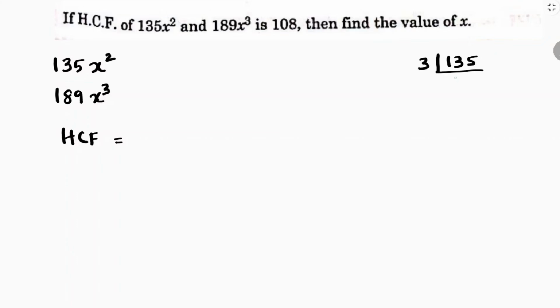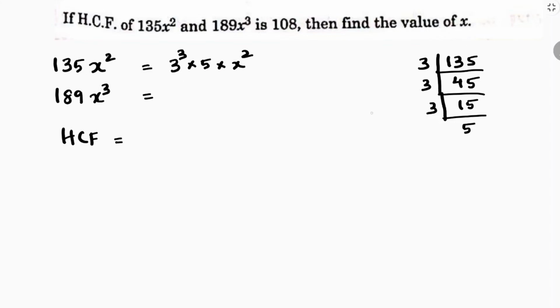3 times 45, 3 times 15, 3 times 5. So here 135 is 3 power 3 into 5 into x square.